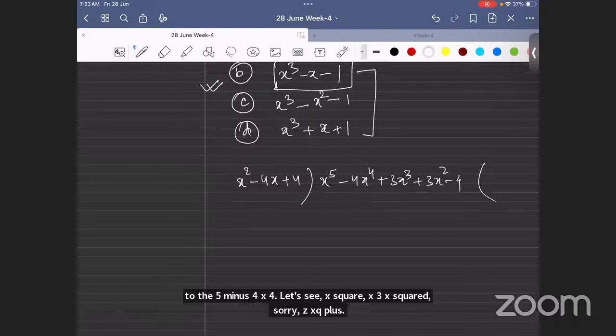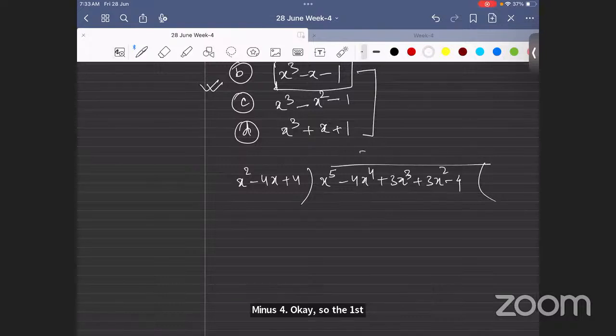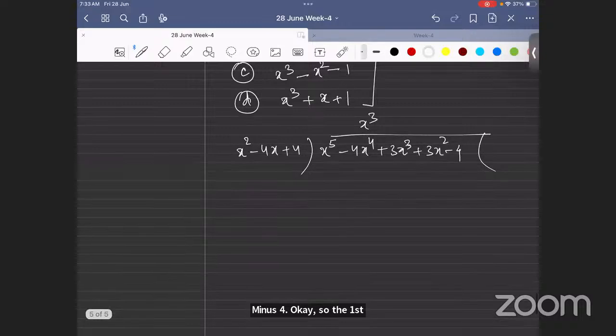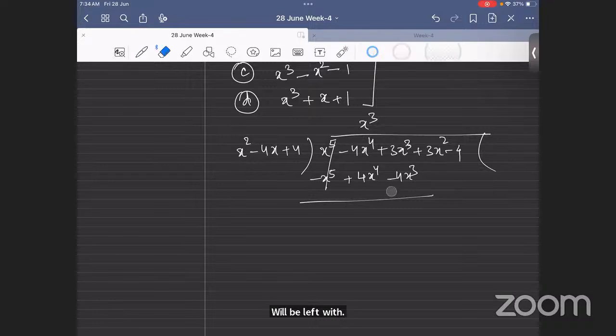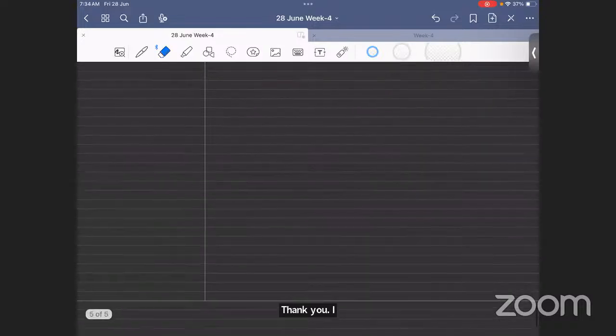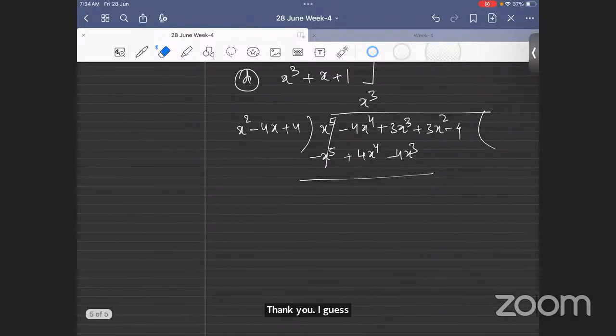Okay, so the first thing that we'll be getting is x cube. If you put x cube, this will be minus x to the power 5 plus 4x to the 4 minus 4x cube. So you'll be left with... sorry, I guess this is correct.